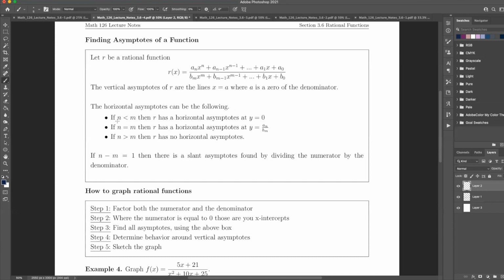The horizontal asymptote will occur at the following. If the degree of the upper polynomial is less than the degree of the lower polynomial, the horizontal asymptote occurs at 0. And I'll explain why that's the case when we have real examples. If they're the same degree, it's whatever fraction the leading coefficients make.